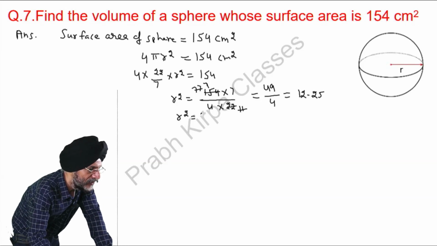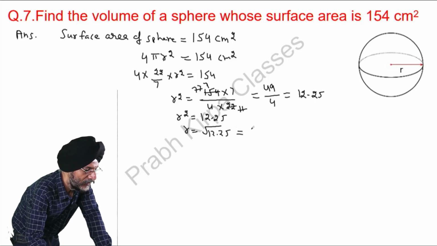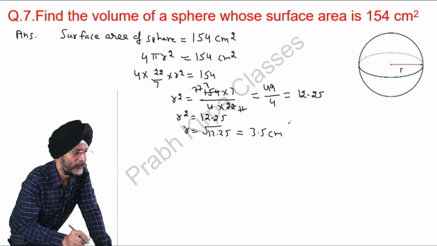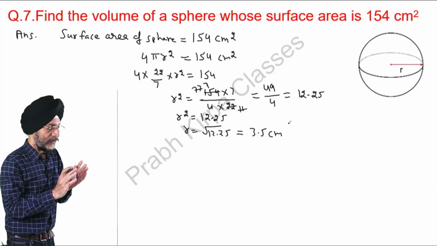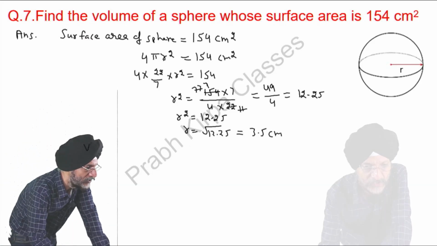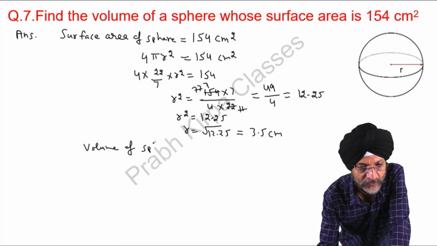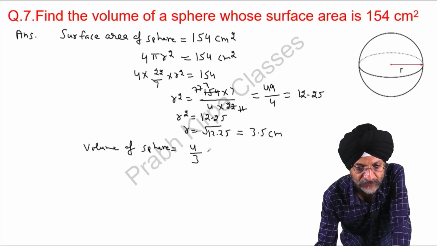Now what has come out? r square is 12.25. Now what is r? It will come as 3.5 centimeter. Now the value of radius has been calculated. Now what is the formula for calculation of volume of sphere? It is 4 over 3 pi r cube.